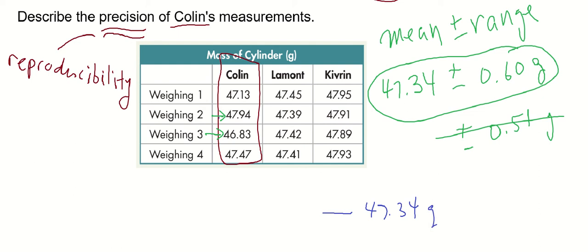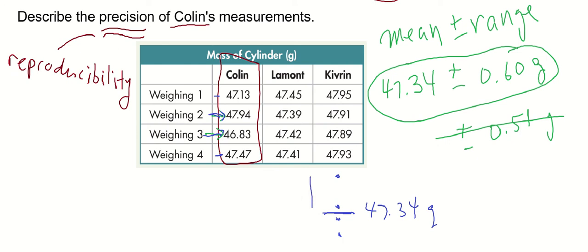The farthest one, weighing 2, is up here somewhere. The lowest one is down here, not quite so far down. This is definitely not drawn to scale. Weighing 1 is slightly below the mean, so maybe right there, and weighing number 4 is slightly above it, so maybe over there. Those 4 dots represent Colin's 4 measurements, and this line is the average, or the mean.